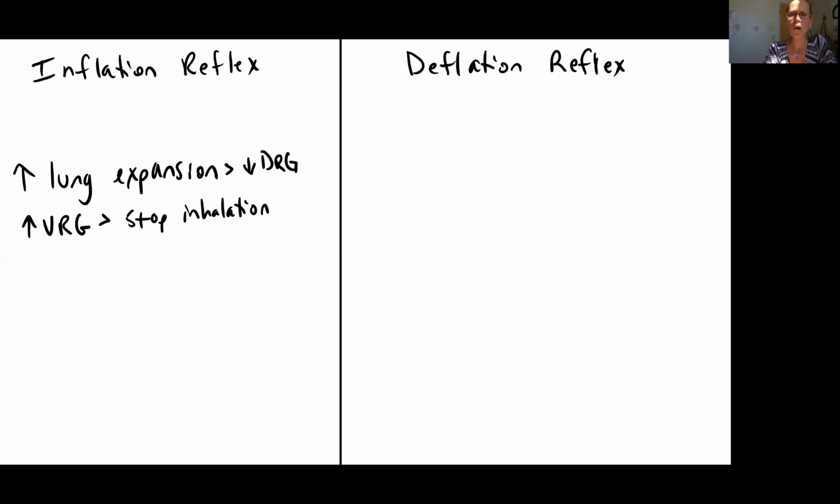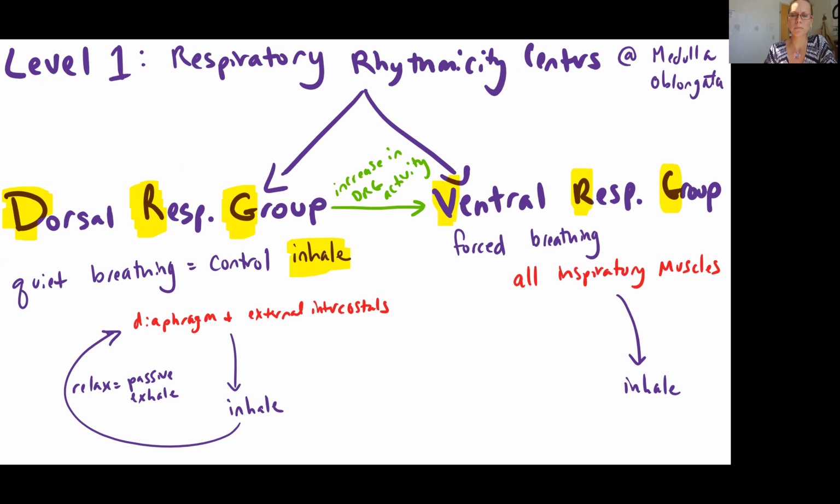In some cases, you might also initiate the VRG, which is our next group of neurons. The VRG is located at the front of the medulla oblongata, and so it's described as the ventral respiratory group. The VRG is going to be stimulated when there is an increase in the DRG activity. So when you're starting to get an increase in your respirations, you're going to start moving into what we've called forced breathing, where you're going to recruit those accessory muscles.